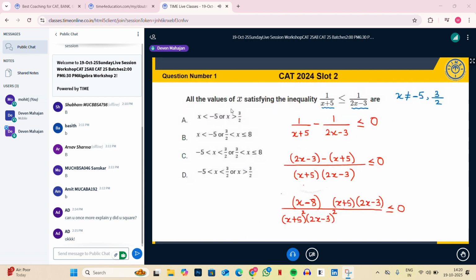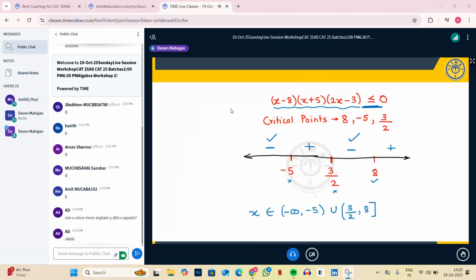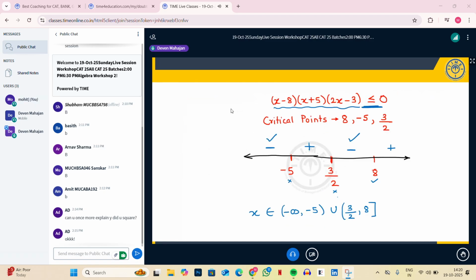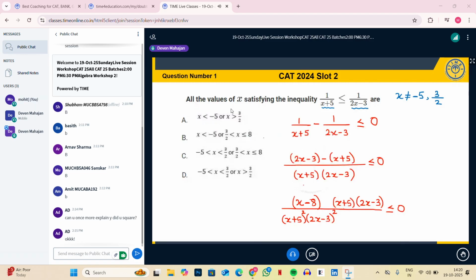So now -infinity से लेके -5. So -5 से छोटे नंबर हमें चाहिए. -5 से छोटे नंबर, so you can see option A and B have that x is less than -5. And the second range that we want is 3/2 to 8, including 8, but excluding 3/2, which is present in option B. 3/2 to 8, including 8. So option B is the answer.